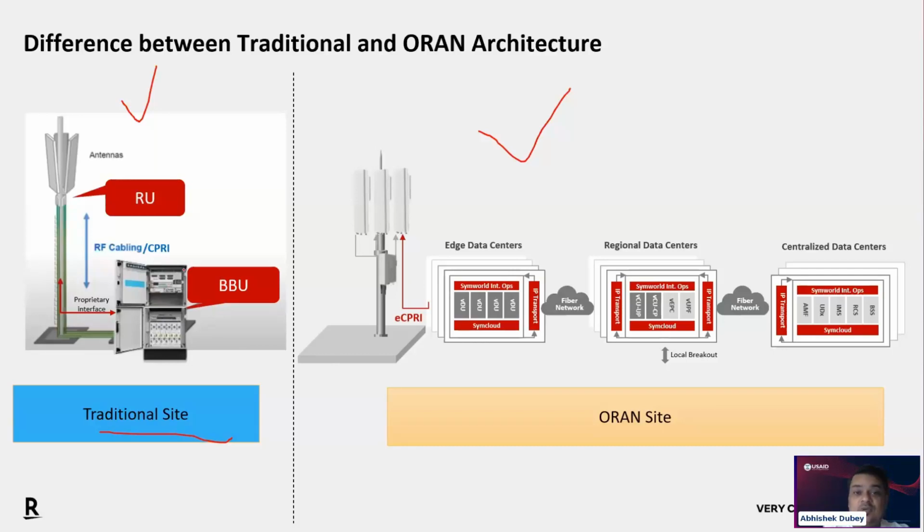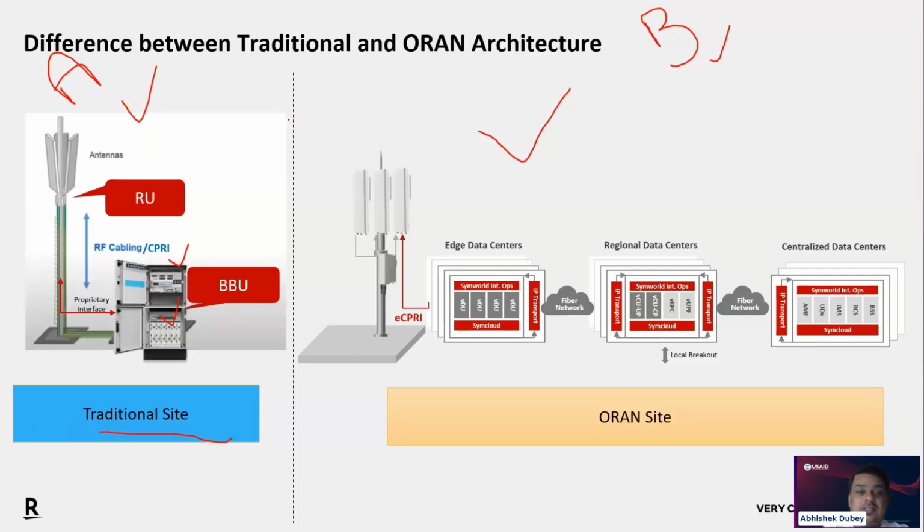For traditional, there is no virtualization because the baseband unit which you have installed on the site cannot be used on another site. Let's say if this is on site location A and there is site location B, you cannot use the resources whatever is left out here for the site B location. Correct. Because there is a limitation on the front haul which you are going to use here.